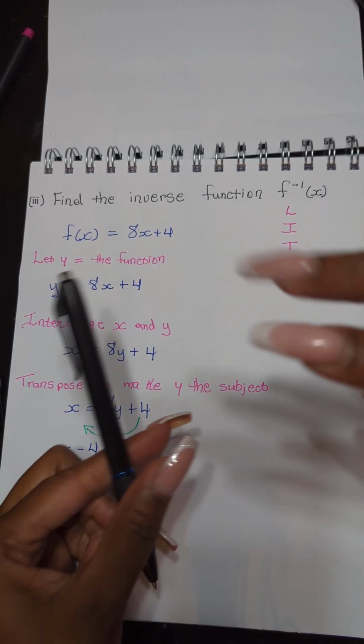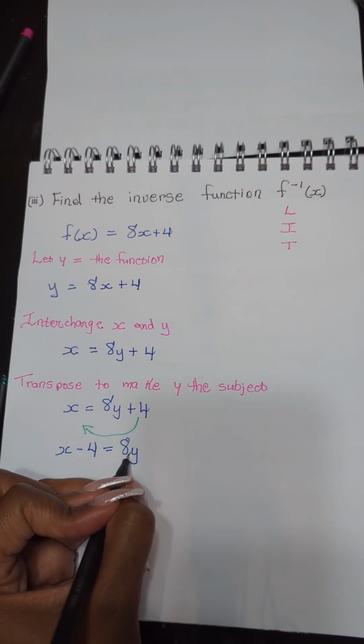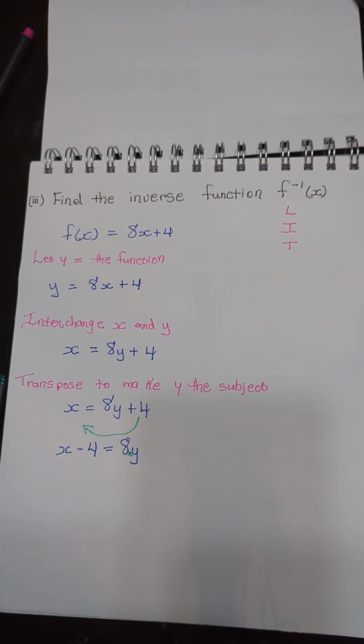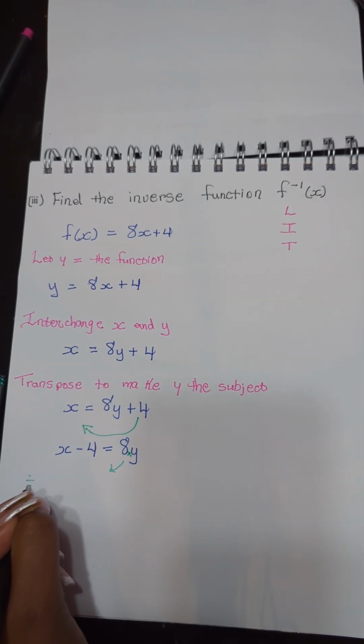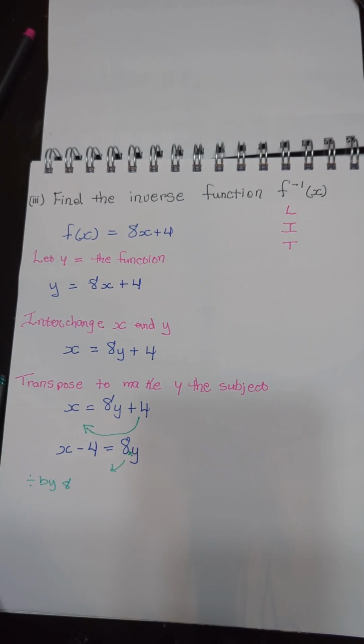Right? Now, this 8 is attached to the y by what? Multiplication. Because this is 8 times y gives you 8y. All right. So what's the opposite of multiplied? Dividing, right? So to carry this over, we got to divide by 8.